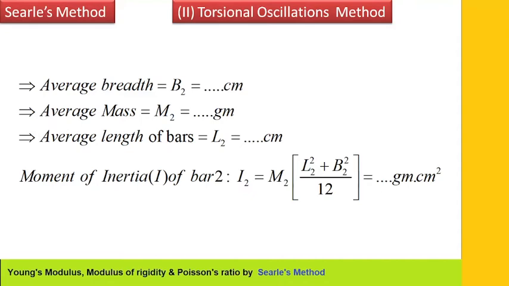The average length of the bar, which is capital L2, is to be measured with the help of a meter scale in centimeter. And the moment of inertia of the second bar is given as I2 is equal to capital M2 into bracket capital L2 square plus capital B2 square, divided by 12, in gram centimeter square.